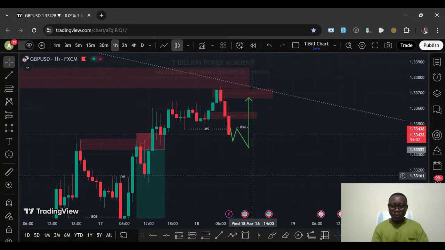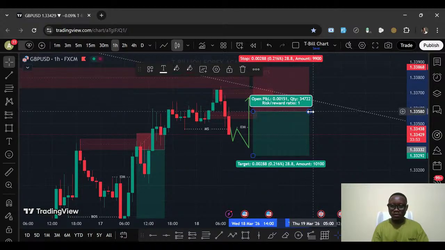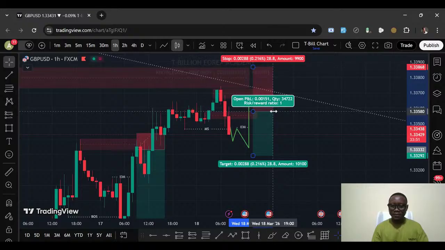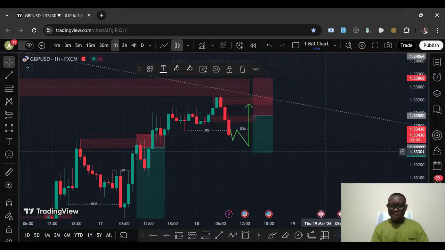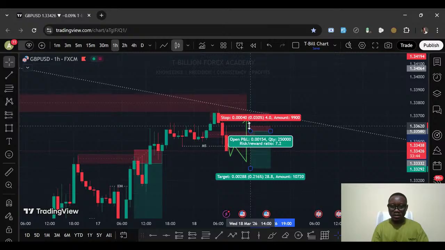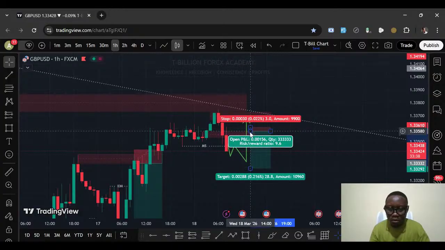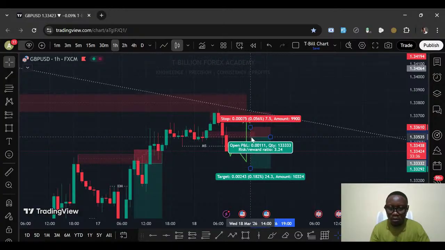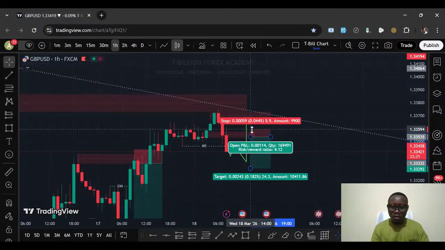All right, so I'm going to set my position tool at this price level right here. My SL will be slightly above the breaker block.